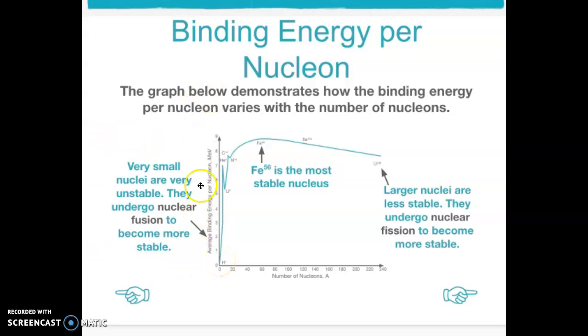Very small nuclei are very unstable. They undergo nuclear fusion to become more stable. So if we go back to this idea that the less energy, the more likely it is to fuse or to undergo fission, then what you've got here are the small nuclei, things like hydrogen and isotopes of hydrogen, because you've got hydrogen, which is 1 proton, but you could have 1 proton, 1 neutron, 1 proton, 2 neutrons, etc. So they would go here, and they have a very low binding energy per nucleon.